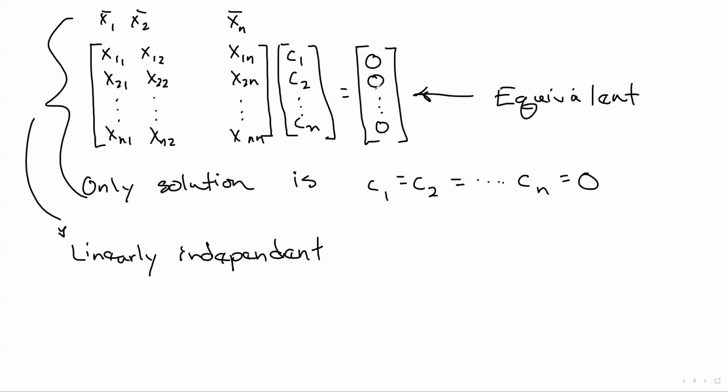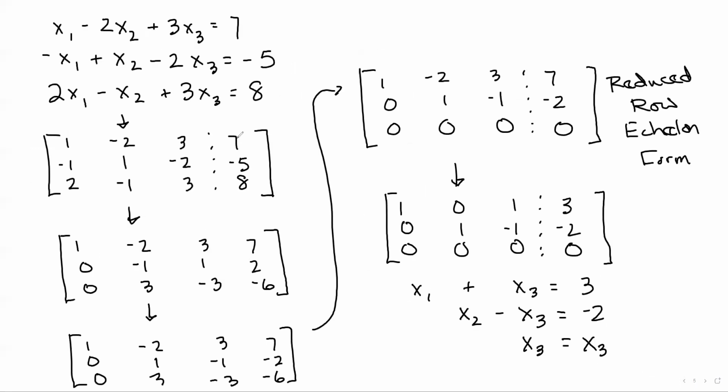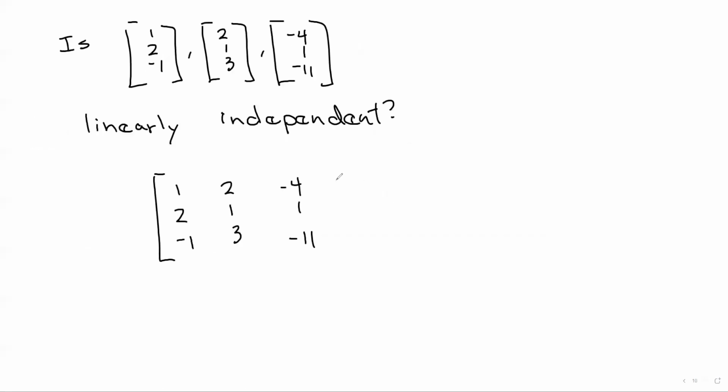If this is a system, we can translate this into an augmented matrix, like we did all the way back. So I'm going to go ahead and do that right here, with 0, 0, 0 on the other side.